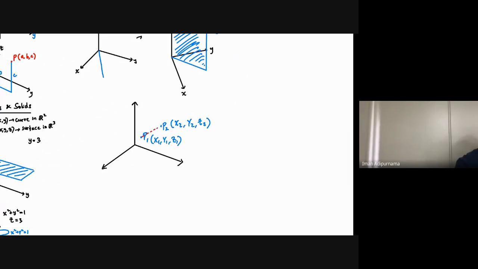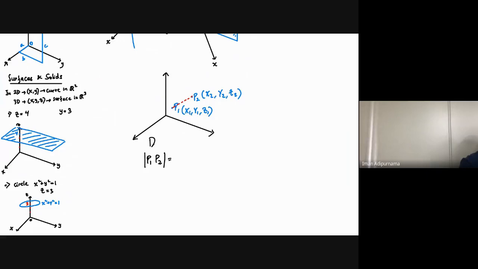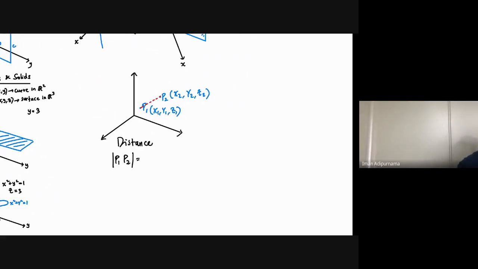If you want to evaluate the distance between these two, we can use the distance formula. Okay, so this is distance. If you want to use the Pythagorean approach, we will get x2 minus x1 squared, right?